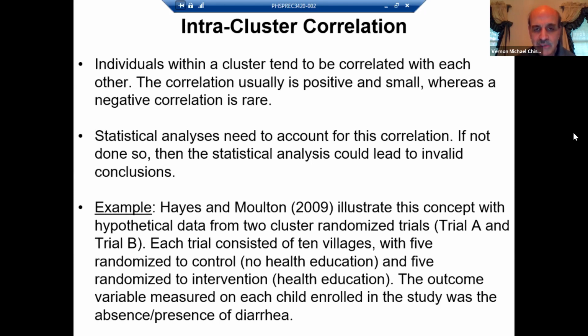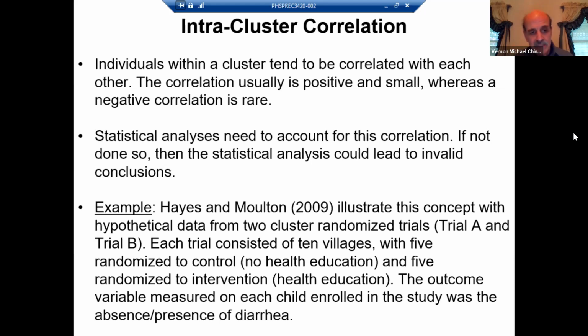So again, this correlation tends to be positive and tends to be small. A negative correlation is rare. I've actually never seen that occur in a cluster randomized trial. Doesn't mean it can't happen, but I just haven't seen it happen.